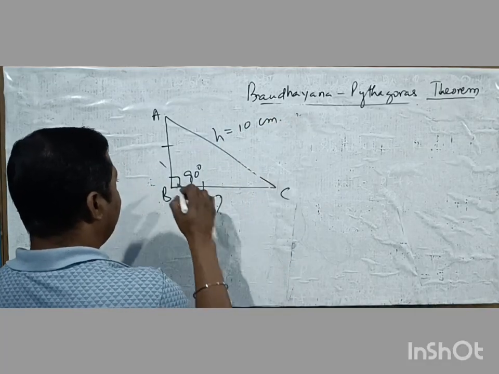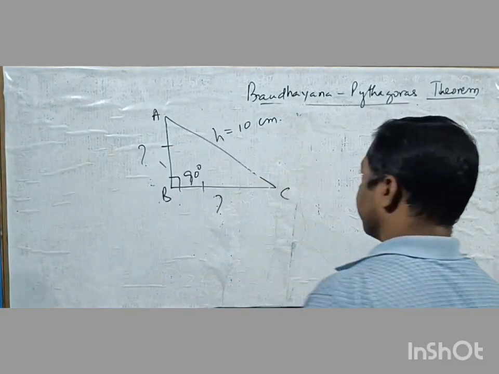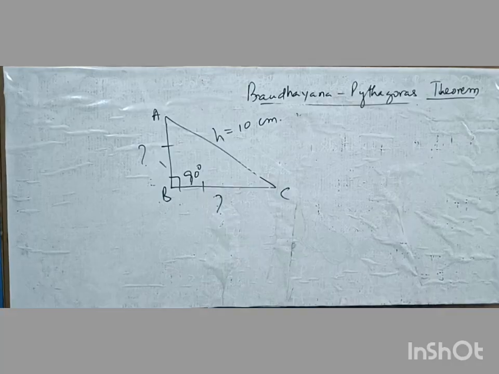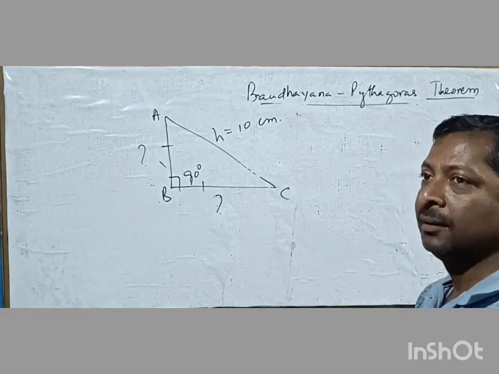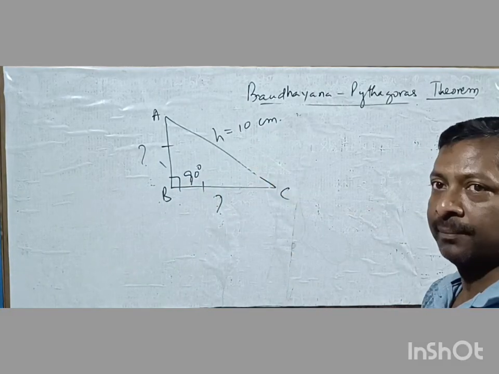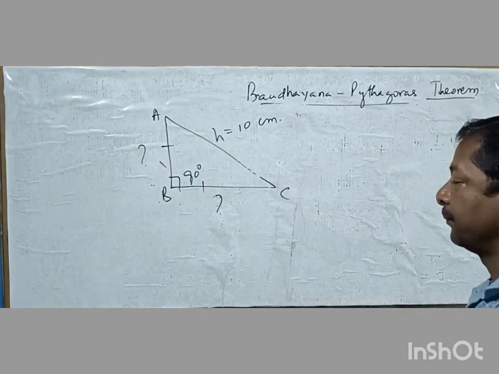So what will be the equal side? What is the length of the equal sides? Could you follow the example?